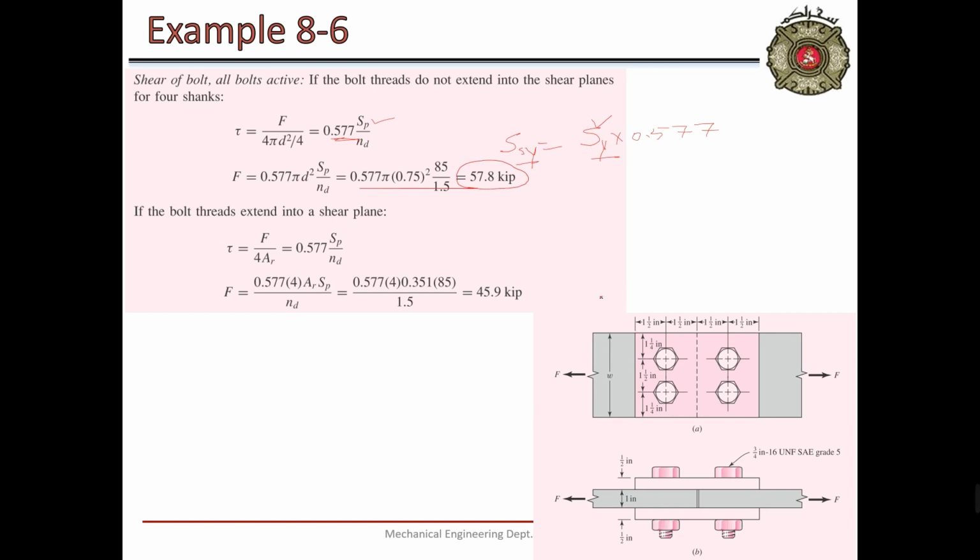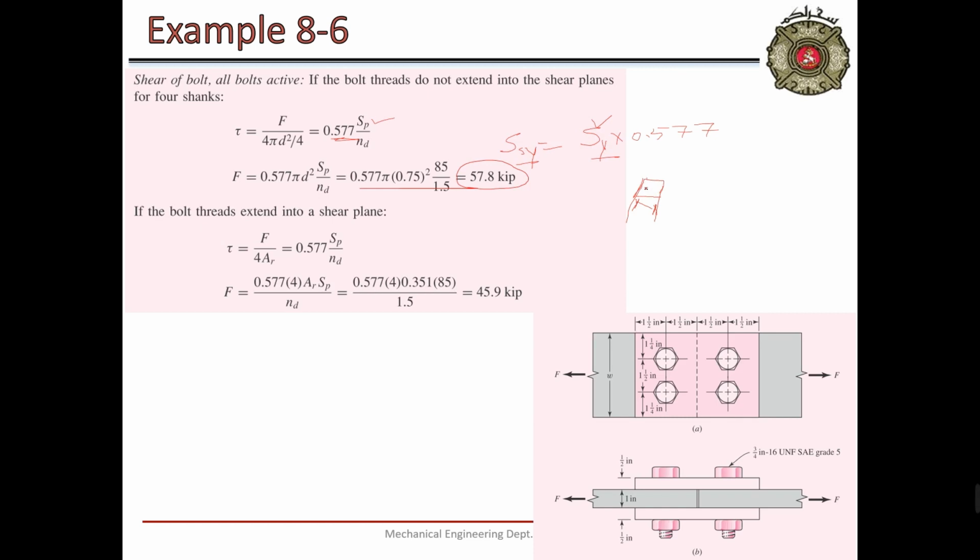One cross section of the bolt will slide on another cross section. Similarly, for the shear plane in case of threads, because the thread area is a little bit smaller, it is like this. This is the outer area and this is the thread area. In this case, they have taken solid in between.